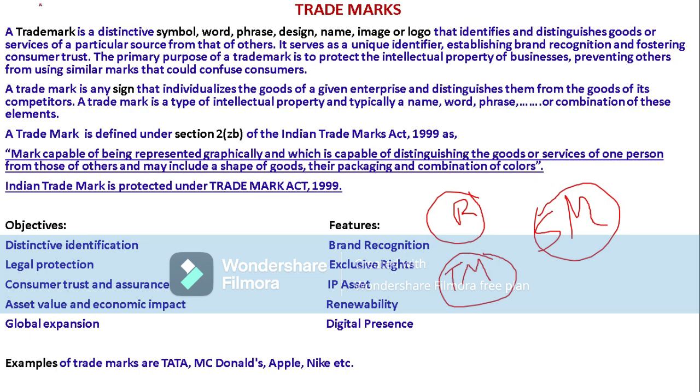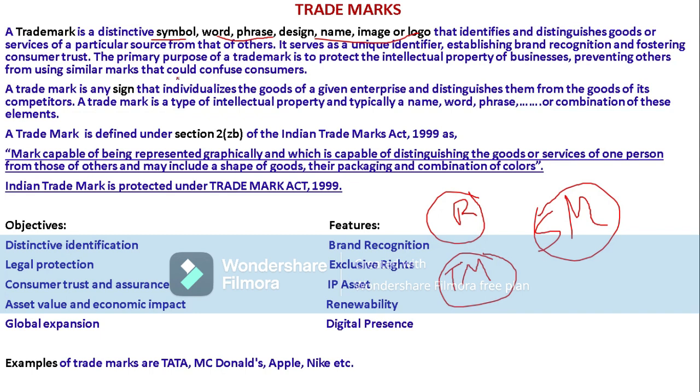Distinctive means a separate symbol, word, phrase, design, name, image or logo that identifies and distinguishes goods or services of a particular source from that of others. Basically a trademark differentiates.